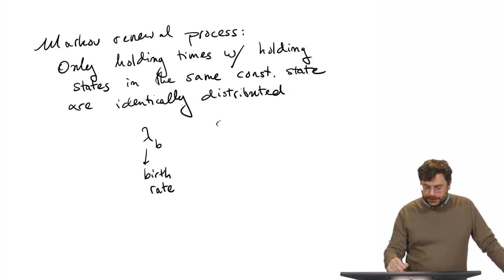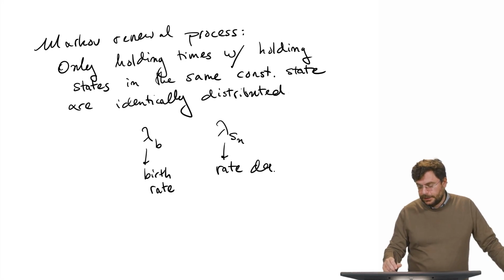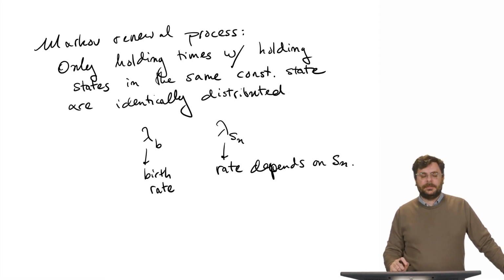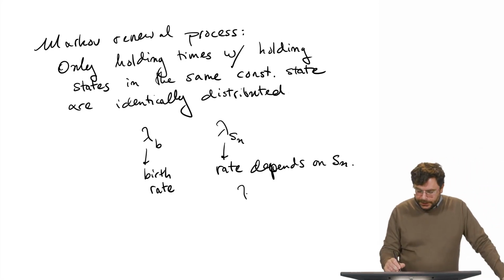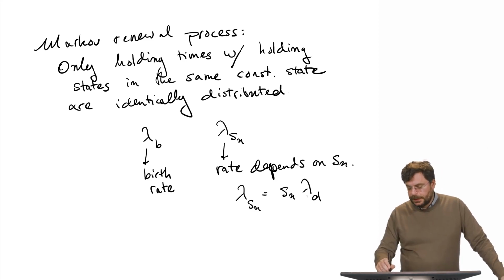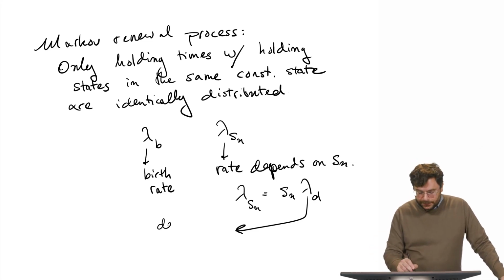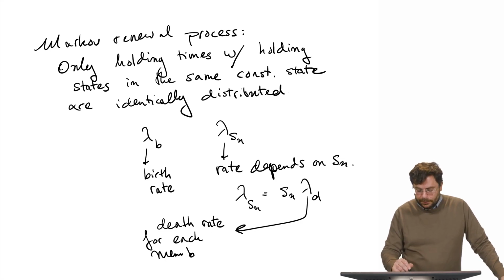But what's going to happen for the death process is that our rate will depend on Sn. So the particular model for it is as follows: lambda sub Sn is equal to Sn times lambda d. Lambda d now is the death rate, or the extinction rate or something like that, for each member.